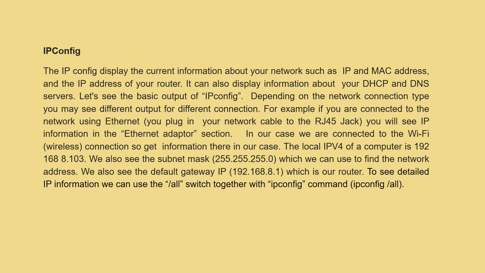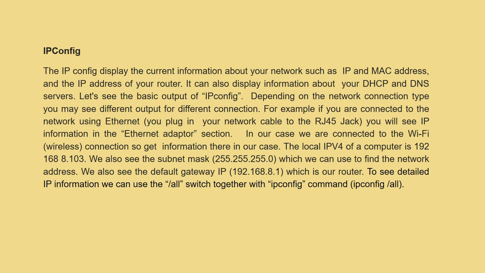So which systems are currently connected on your network with their respective IP and MAC addresses should be displayed by the ipconfig command. Clear? It will display the IP and MAC address and the IP address of your router. It can also display information about your DHCP and DNS servers.